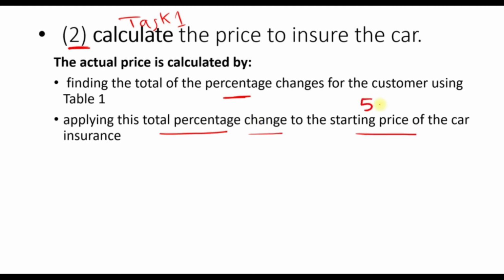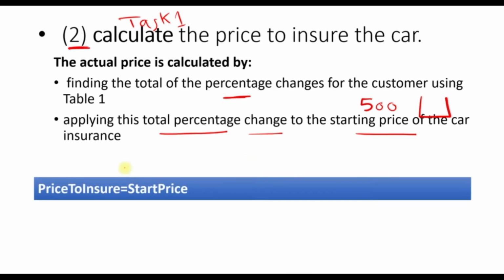Remember the container that we created at the beginning. Okay, it was 500. Now the 500 will be added to the percentage change. How? Okay, we created a variable which has the name, meaningful name, price to insure, because we need to calculate the price to insure.